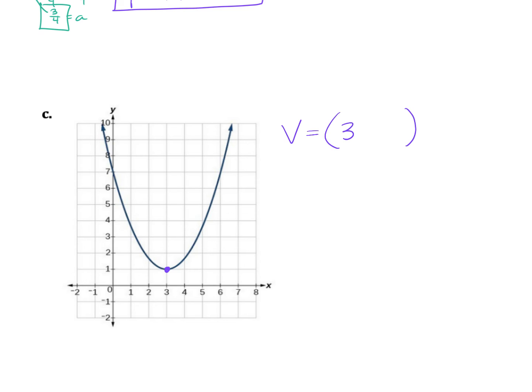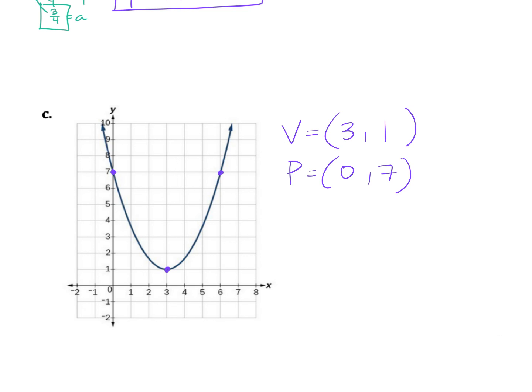So your vertex is 3, 1. And then some point on the graph. What would you pick? 0, 7, right? Pick the y-intercept, this point right here. It falls perfectly at 7, or you could pick 6, 7, which would get you the same thing. I'm going to pick 0, 7 because I like to work with zeros more.